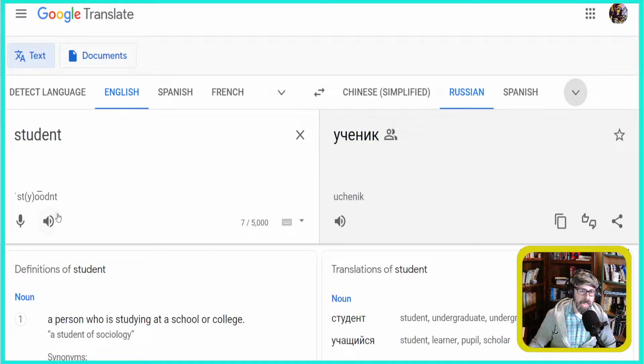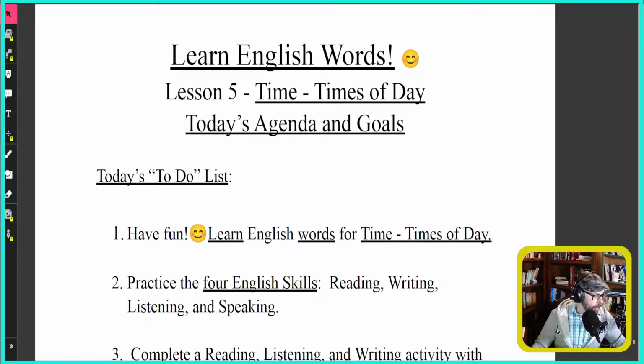When you translate, you do get sound as well. If you want to listen to the pronunciation, you can listen to it in your language. Okay. Ученик. So that's Russian, for instance, or Chinese or Spanish. Okay. All right. So another tool that you can use to help translate. Okay, let's come back to our sheet, and let's go take a look at the sheet here together.